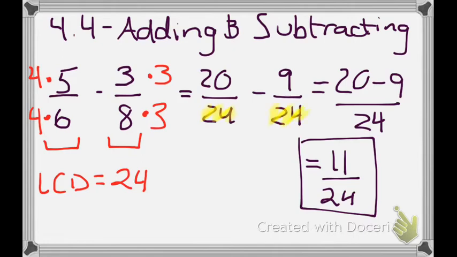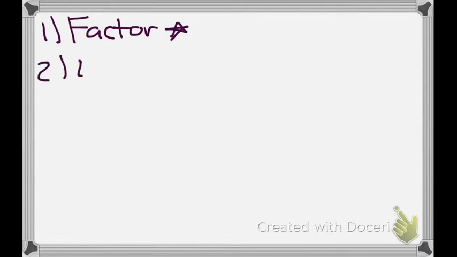Okay, so when we're dealing with rational expressions, so not just fractions, but things with x's and stuff in them, my first step hasn't changed. My first step is always, always, always to factor. Once we've done that, we need to find that lowest common denominator.